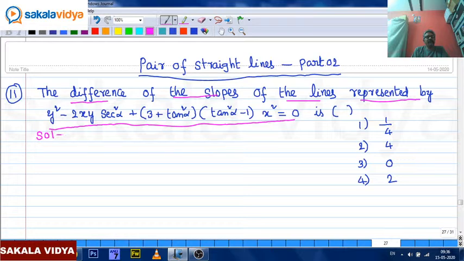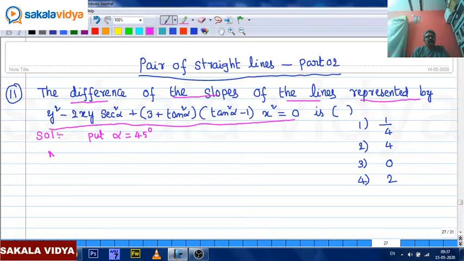Options are independent of alpha, so put alpha equal to 45 degrees. You can also substitute alpha equal to 0. If you put alpha equal to 45, tan square alpha minus 1 becomes 0, because tan 45 is 1, so tan square alpha is 1, minus 1 is 0. So we directly get the m1 minus m2 value.